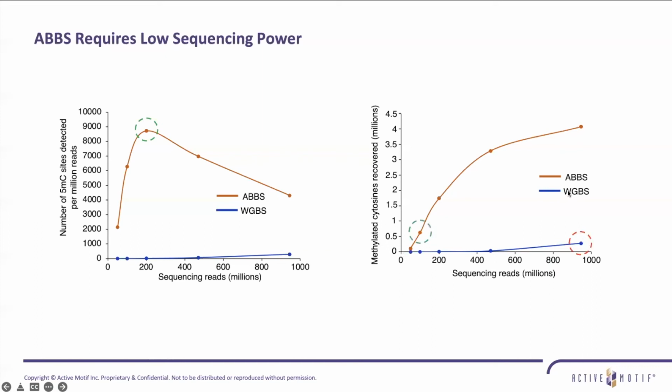If we take, for instance, even 100 million reads, we capture more methylation with ABBS than almost a full billion reads with WGBS. So we can safely say that ABBS requires at least 10 times fewer reads to detect as many 5mC sites as WGBS.